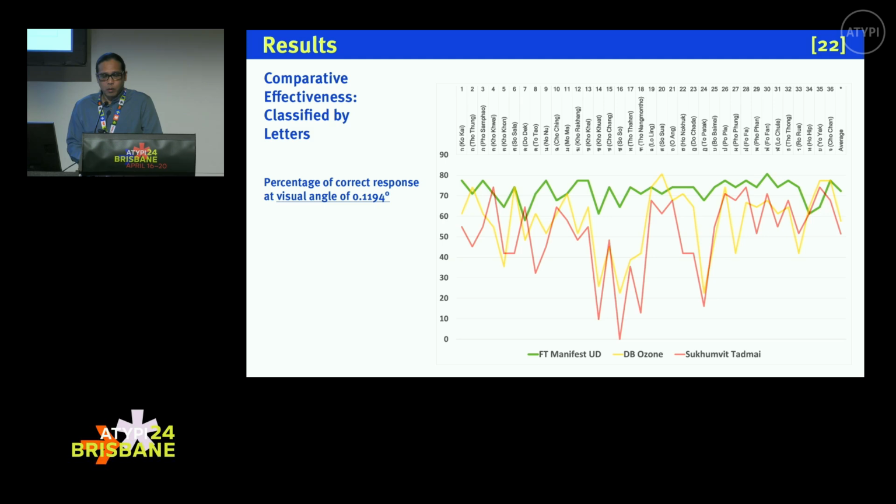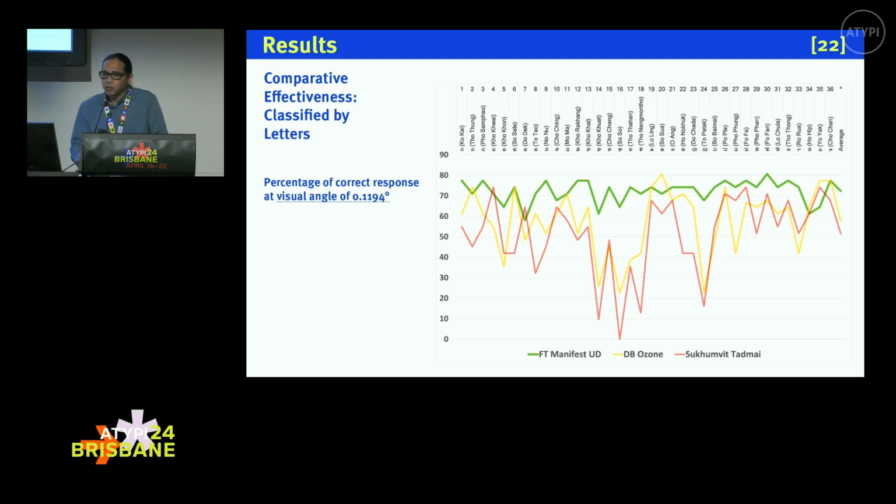These visual angles cover the minimum visual angle concerning the type size of roadside reading and textbooks. That's based on various research in previous studies.